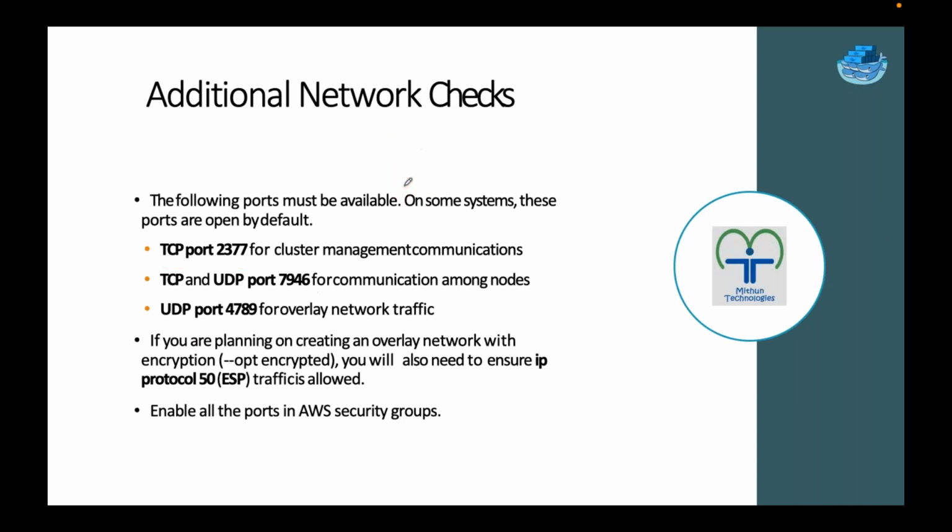So we need to open these ports. 2377: what is running on 2377? Basically, your Docker process will be running on 2377. 7946 needs to be opened for both TCP as well as UDP protocol. And 4789 UDP protocol. For what purpose do we need to open this port?